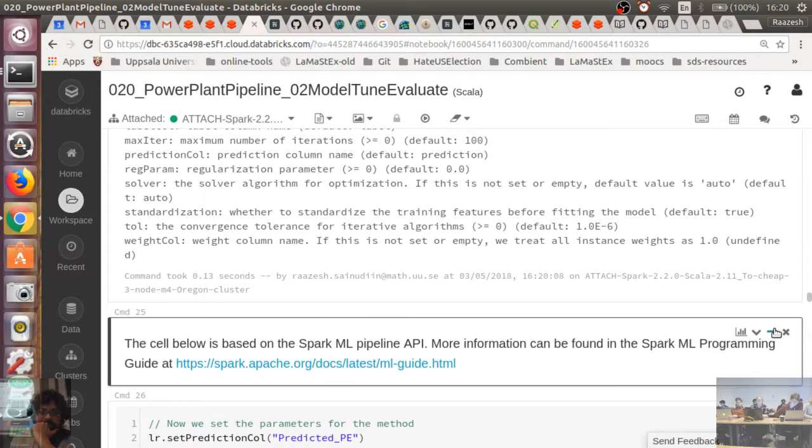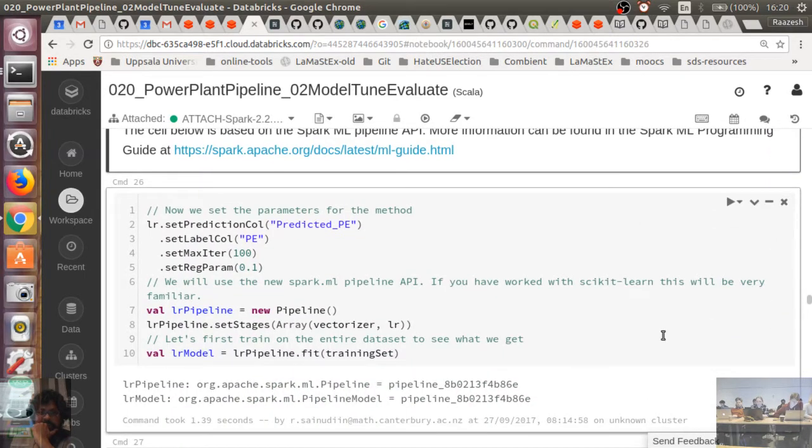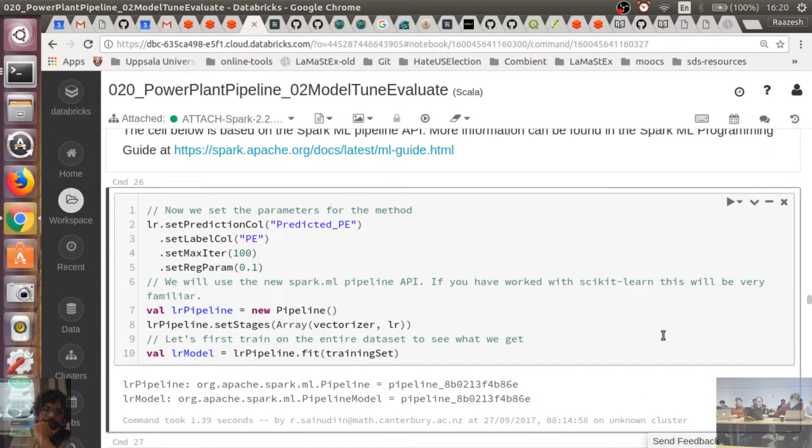Okay, so let's continue with this. Now I'm setting my prediction column to be predicted_PE. This is what, once I train my model, will be the name of the column for prediction. And I'm setting my label column to be PE. Remember, this is my Y values, what I'm trying to predict. It's the power output. That's my label column, and then I'm setting the maximum number of iterations to 100.